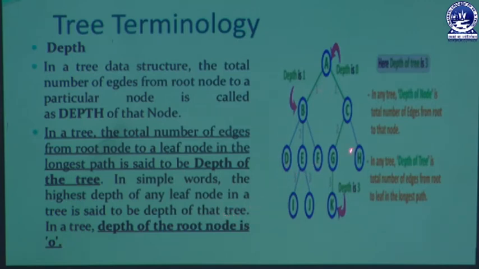In the case of height, we say the longest path from a leaf node to that node is called the height of the tree, and the longest depth or longest height in a tree is called the height or depth of that tree.